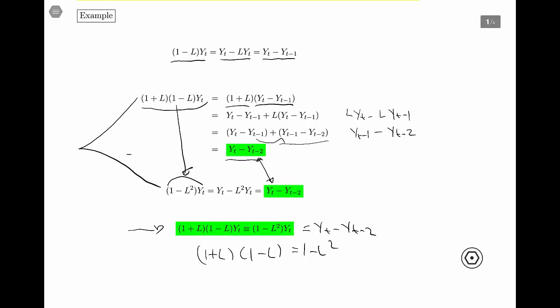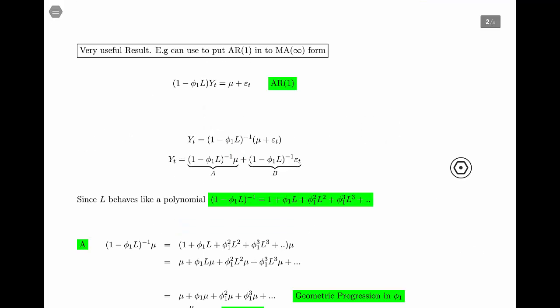So we're now going to use this result to write the AR1 in its MA infinity form, which we did in lectures. Remember this entity here, which we've shown before, is just the AR1 model. And again, remember in lectures, we derived the MA infinity form by back substituting yt-1 again and again and again.